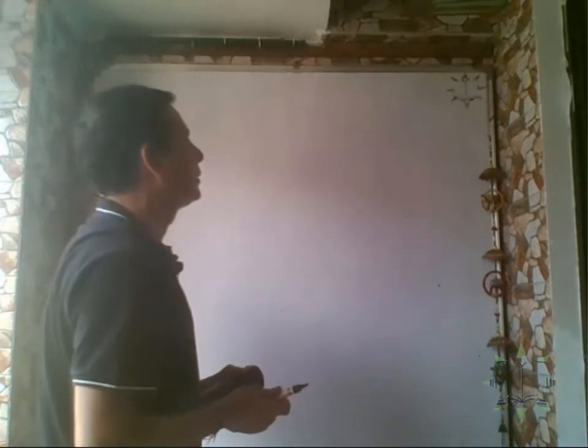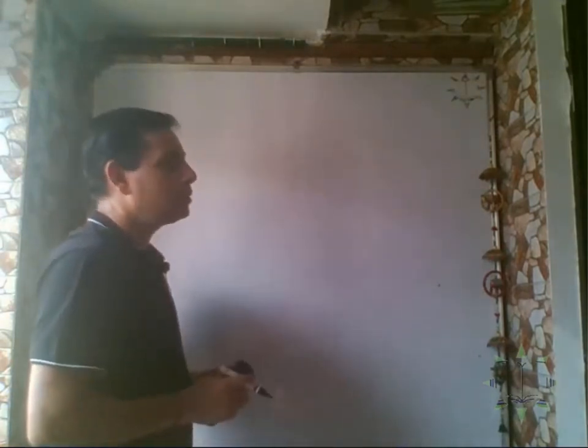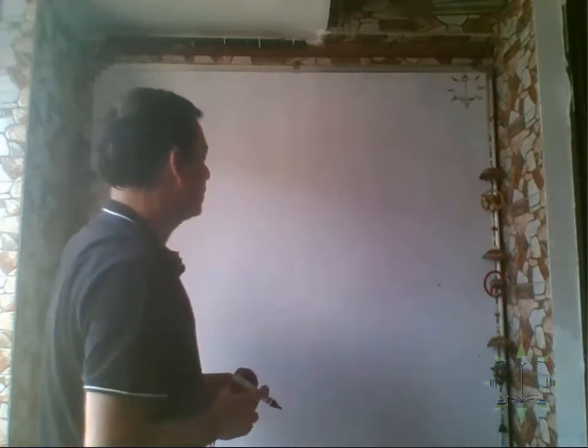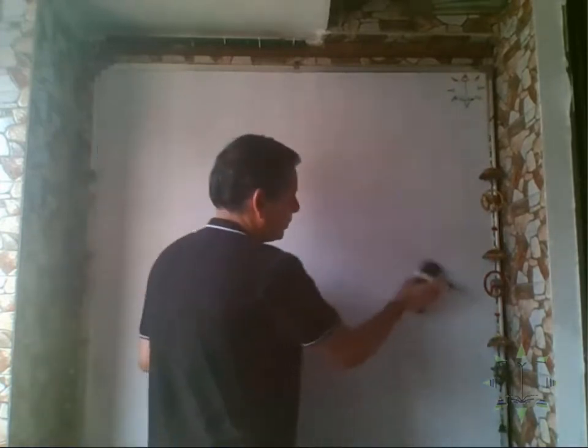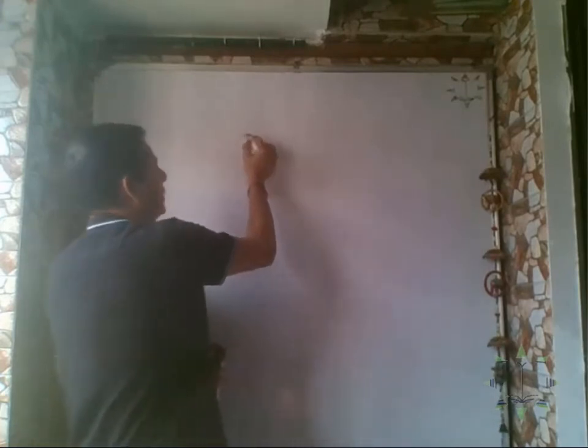Now our next topic is Bernoulli's theorem. So we have studied what is Bernoulli's theorem. Bernoulli says that as long as the liquid is flowing, there are three kinds of energy at every point.